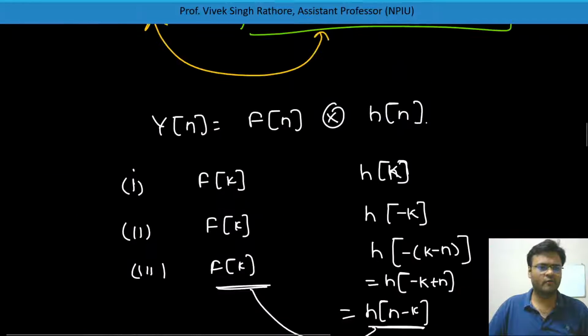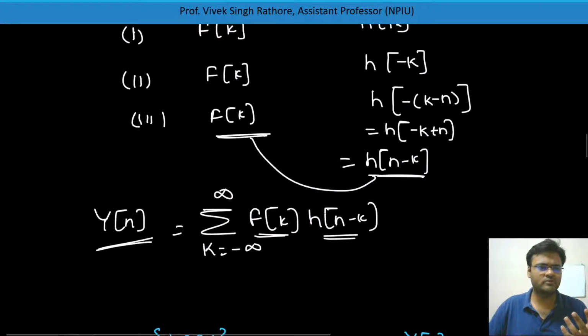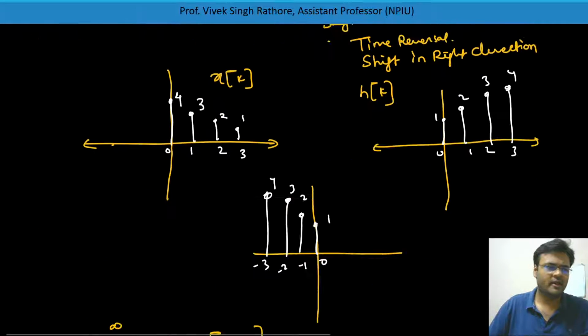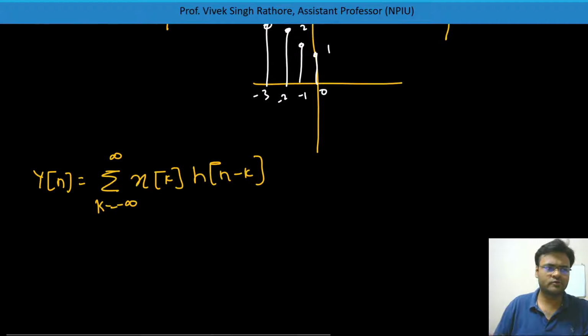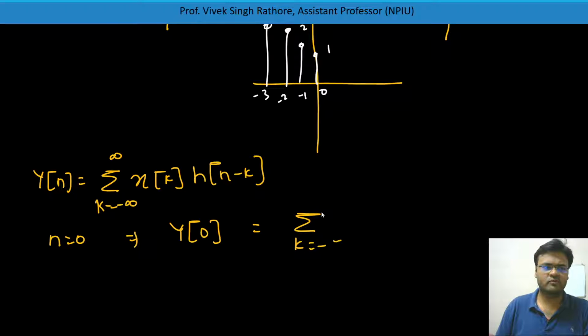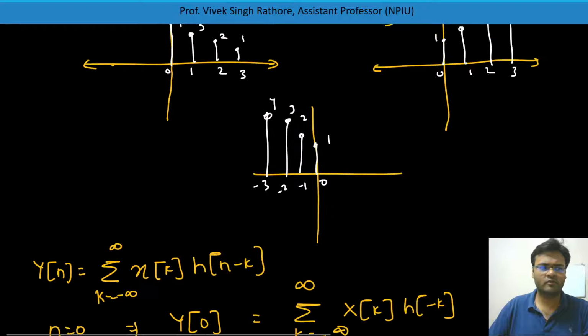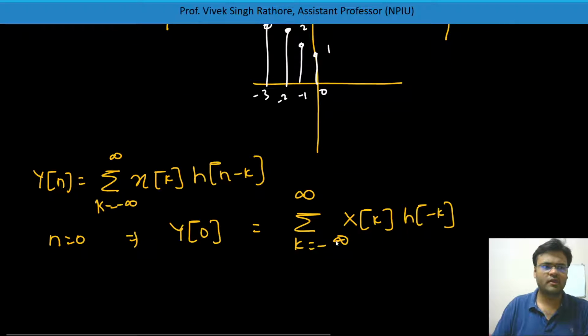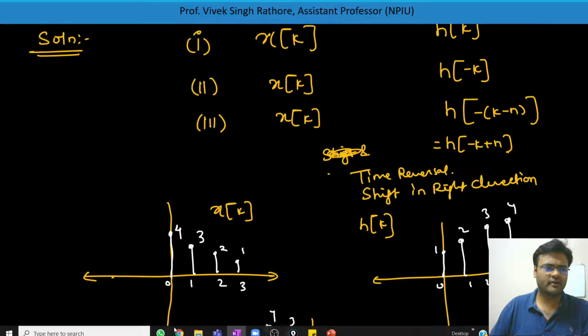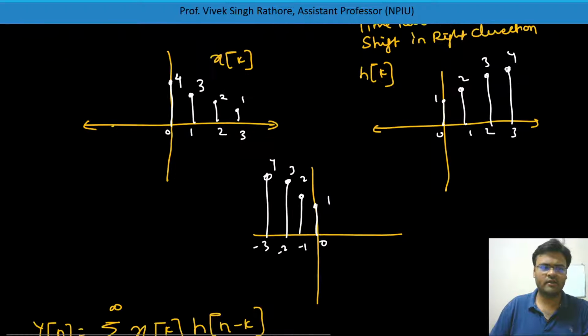I think I have told you here also, these are all the values of x of k and h of n minus k. Now for y of n is equal to 0, we see y of 0. For y of 0 you get the sum from k is equal to minus infinity to infinity of x of k and h of minus k. Here k values are 0, 1, 2, 3.